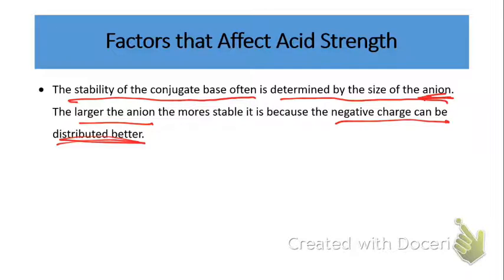So, for instance, let's go back to HF versus HCl. Now, we already said that bond strength is a factor here, but that's not the only factor. It is also the conjugate base.